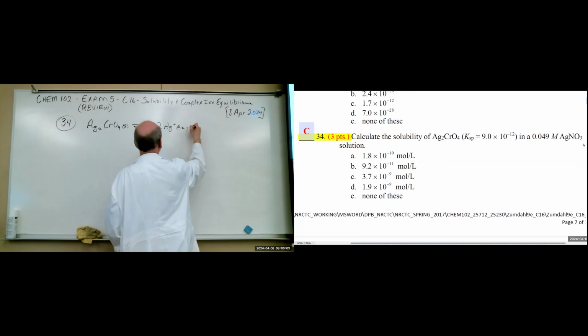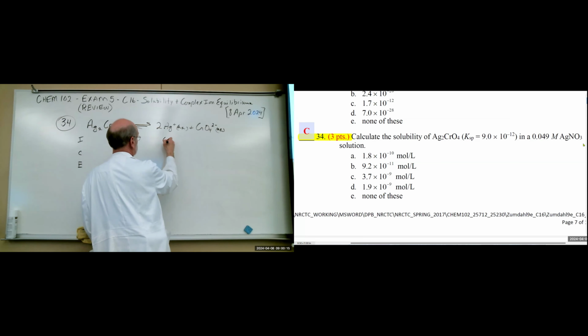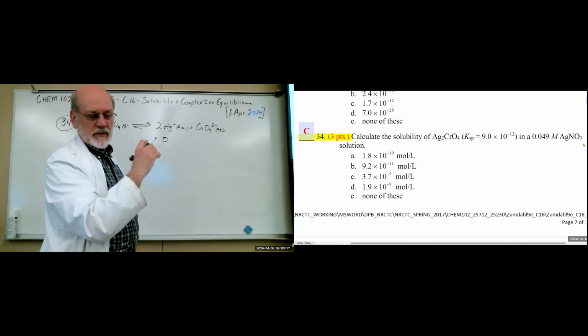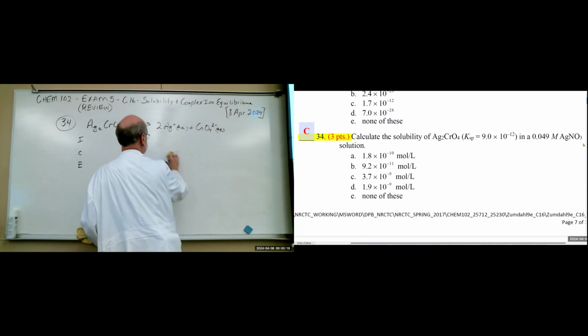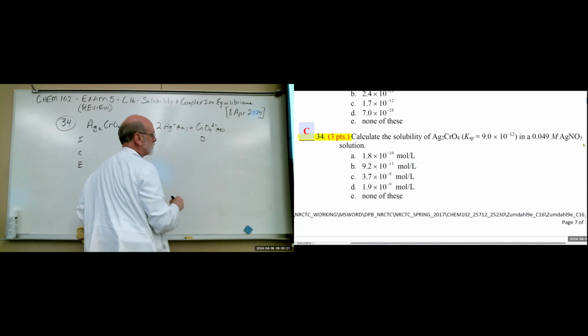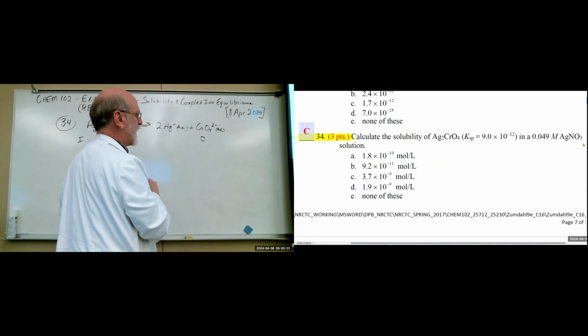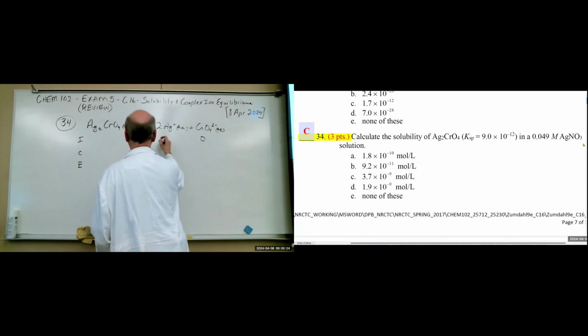Okay, and if we set up our ICE table, we have an initial concentration of chromate at 0. Silver is 0.049 molar. Why?